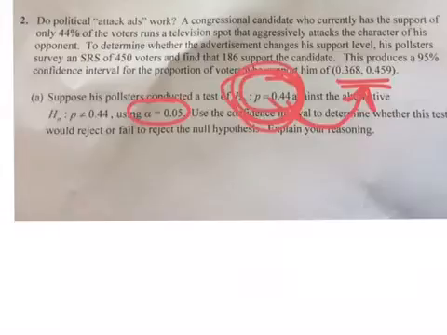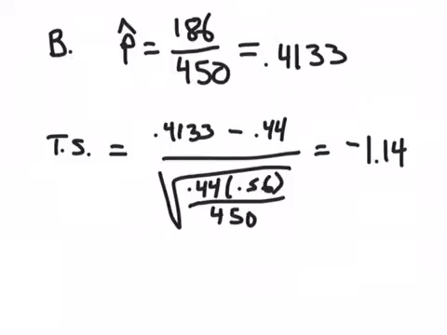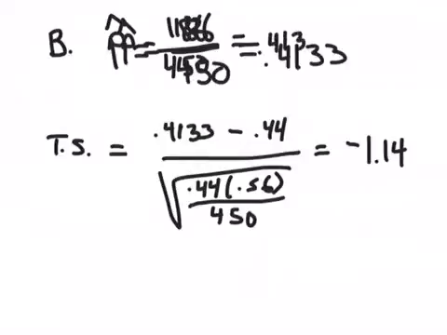Okay, let's do letter B. So in letter B, they say, well, let's just figure out the p-value anyway, just to see what would happen. So the sample proportion is, we took 186 supported our candidate out of 450 people that we asked, and that proportion is 0.4133.